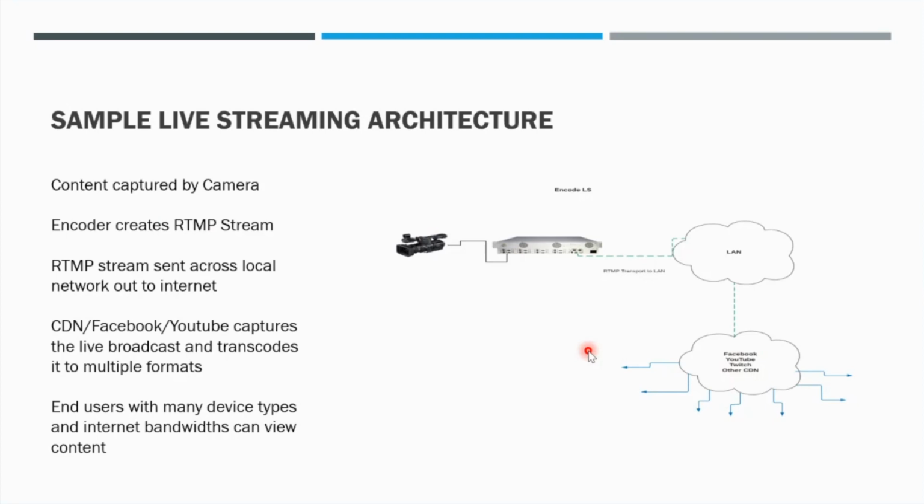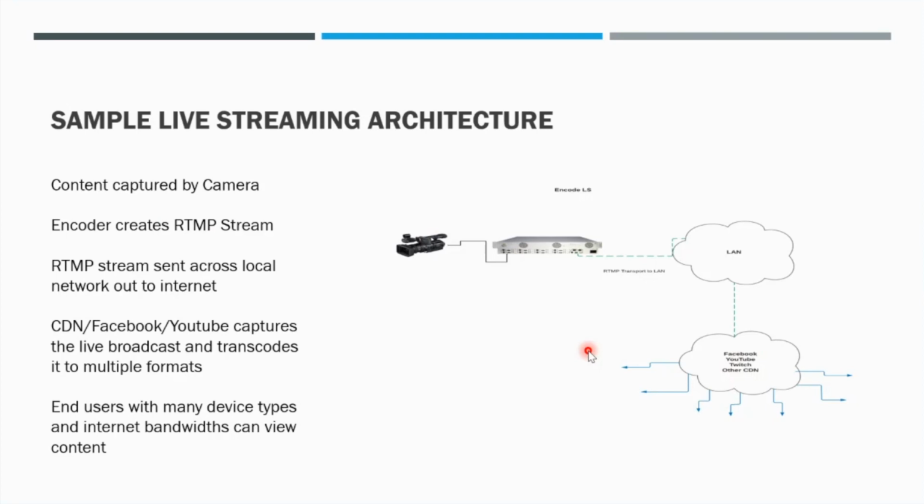But for Facebook and YouTube, you have sent your content to a specific destination, but it's really just a massive server farm sitting somewhere, Vienna, Virginia, or Texas, or wherever the server farm happens to be. It takes that content, it comes in as RTMP, and then it gets parsed into HLS.